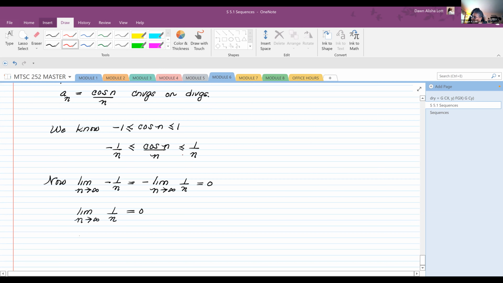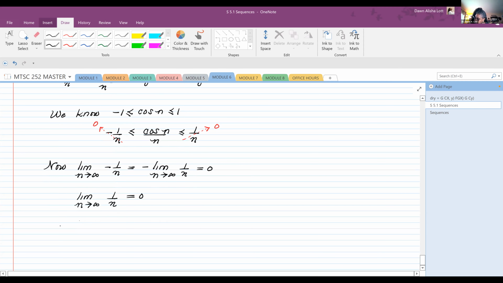So this side is going to 0, and this side is going to 0, which says by the sandwich theorem, because it's sandwiched in between, that limit as n approaches infinity of the cosine of n divided by n also has to be 0.